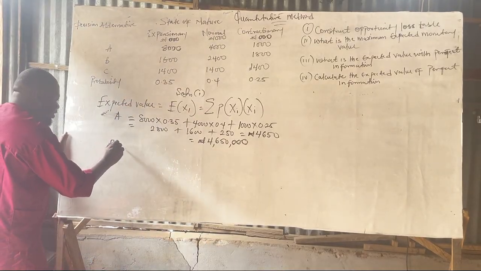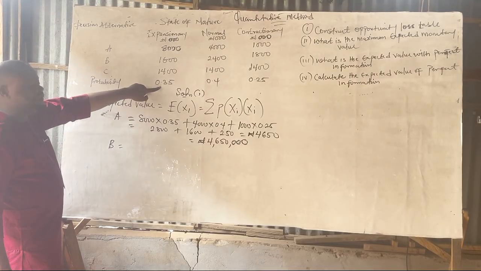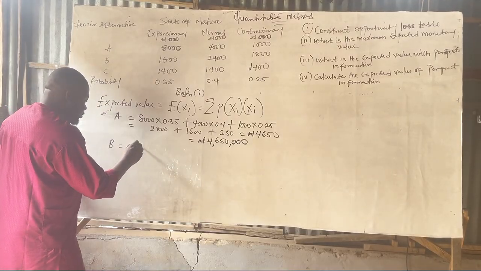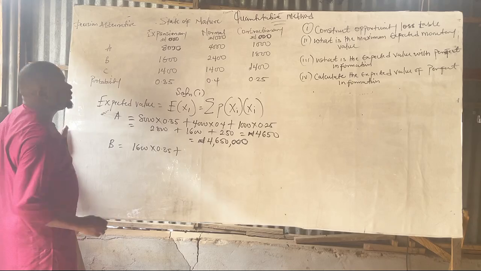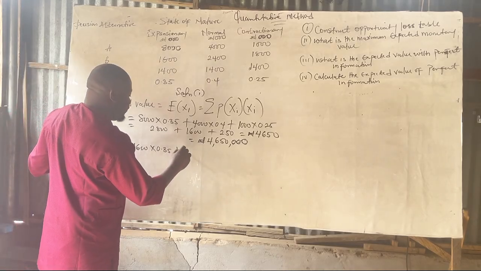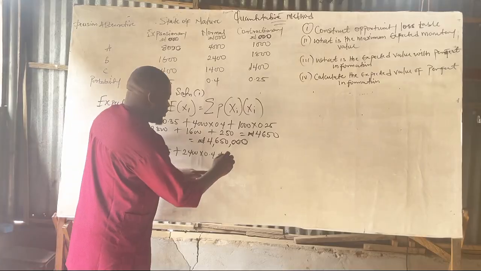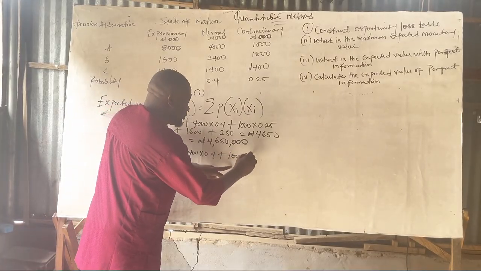Now for security B. What is the probability here for the first state of nature, and what's the payoff there? So that's 1/6 times what? Plus 2/4 times 0.4 plus 1/8 times what?